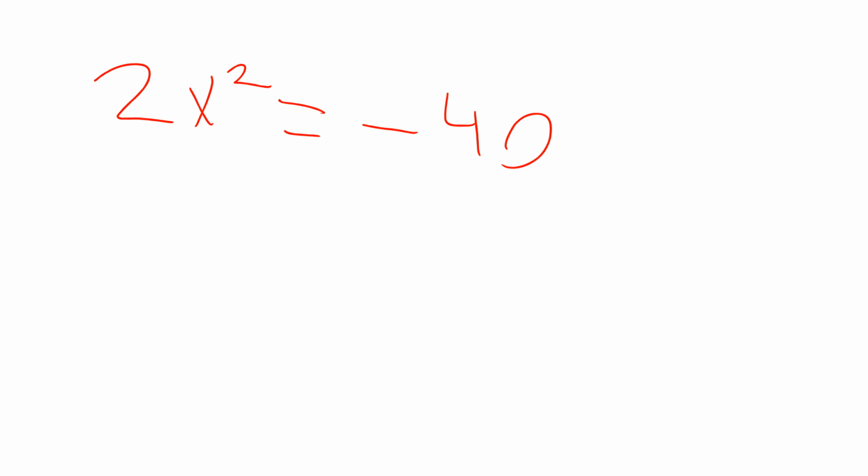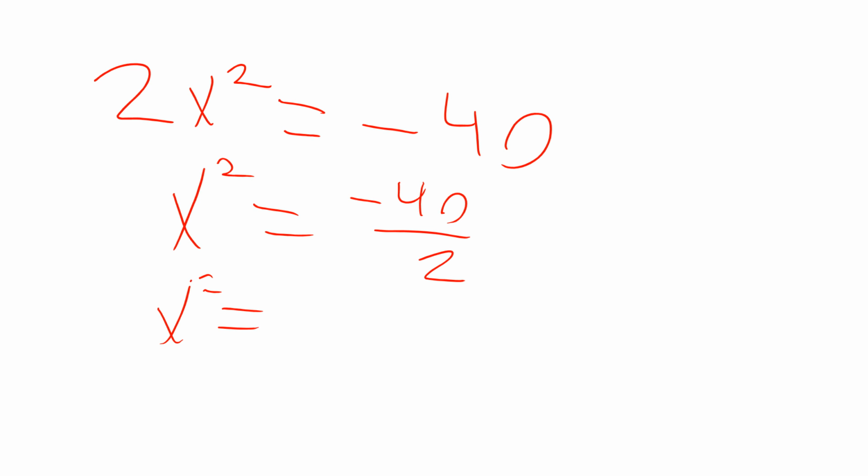What I'm first going to do is get rid of this 2 right here. That's just x squared equals -40 divided by 2. x squared is just -20. And we know how to solve this from last time.